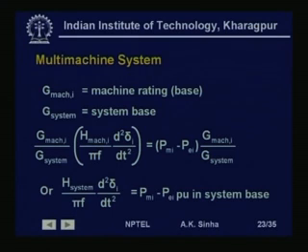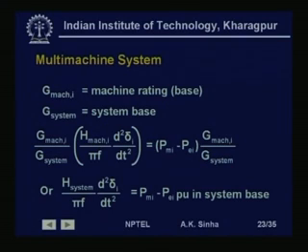However, this kind of conversion to a single machine infinite bus system is not possible for a large multi machine system. In this case, we need to write down the swing equation for each machine separately and solve the swing equations for all the machines to look at the dynamics of the system. Now, in a multi machine system, the machines have different ratings and their inertia constants are normally provided in terms of the machine rating or machine base itself.